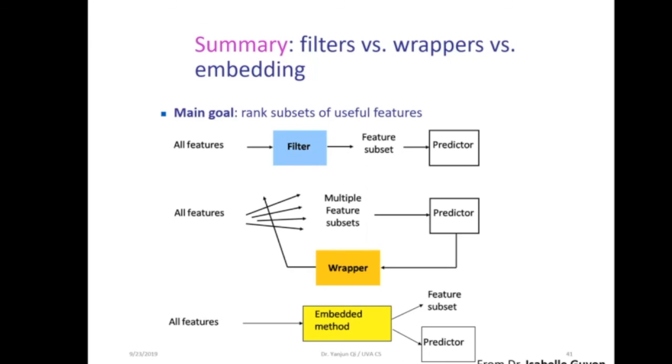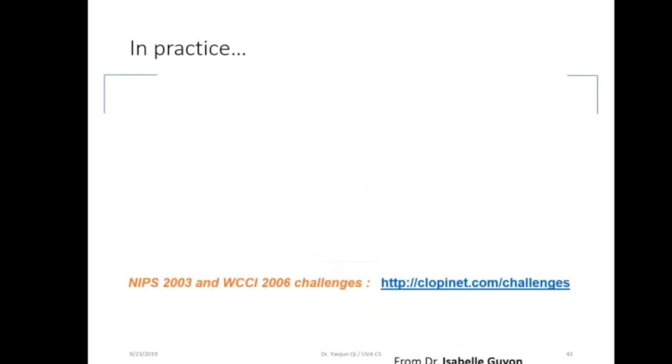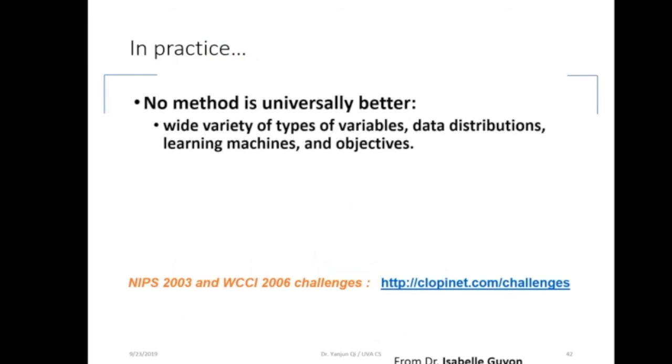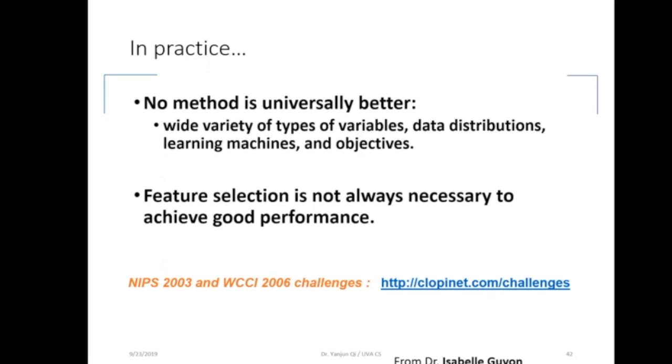And the last approach is the embedded lasso type of models. All three are very popular in state-of-the-art machine learning pipelines and toolboxes. So in practice, no method is universally better, and feature selection is not always necessary. That's the conclusion I want to share with you.